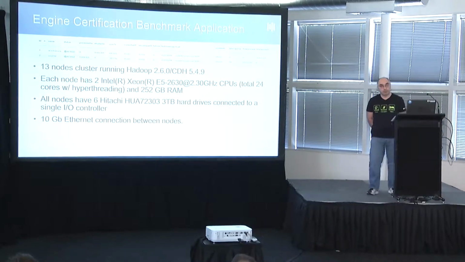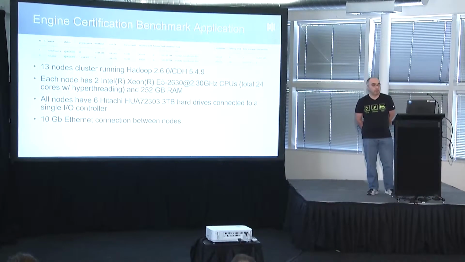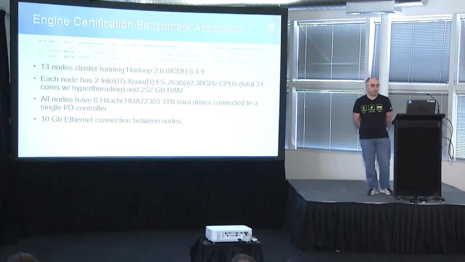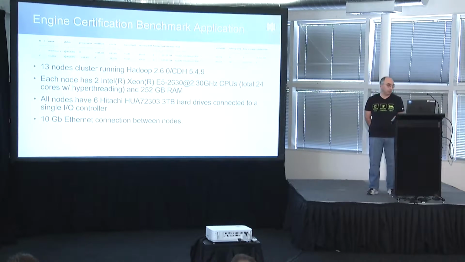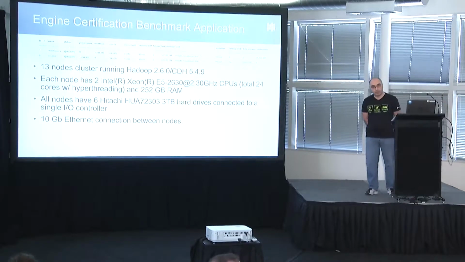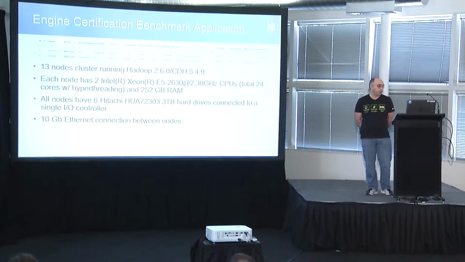Every node has 6 hard drives of 3 terabytes, but for running that particular application, that's not that important. And the nodes on the cluster are connected by a 10 gigabit Ethernet network.